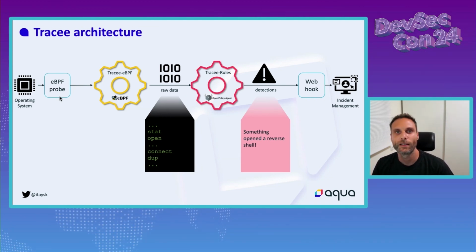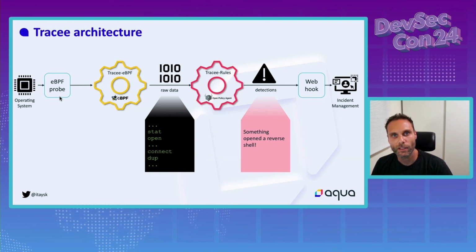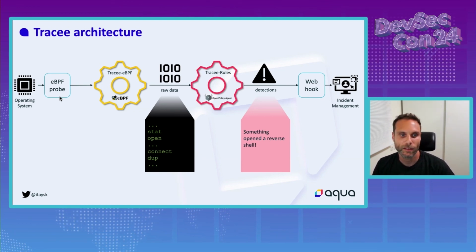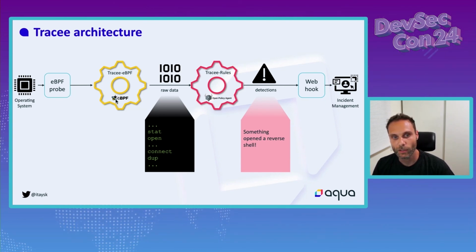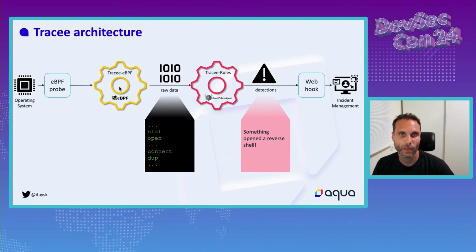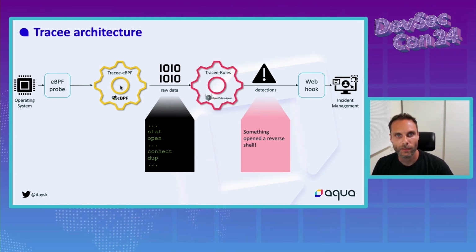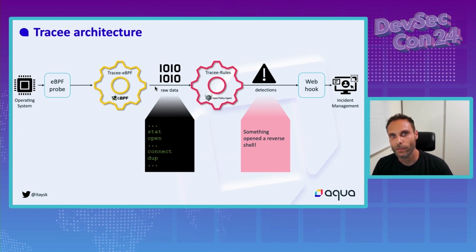This is the probe that we send into the kernel to report back to us about everything that happens. It reports it back to Tracee eBPF, which is the component that is in charge of monitoring. Tracee eBPF is then continuously generating an endless stream of events that represents everything that happens on the operating system.